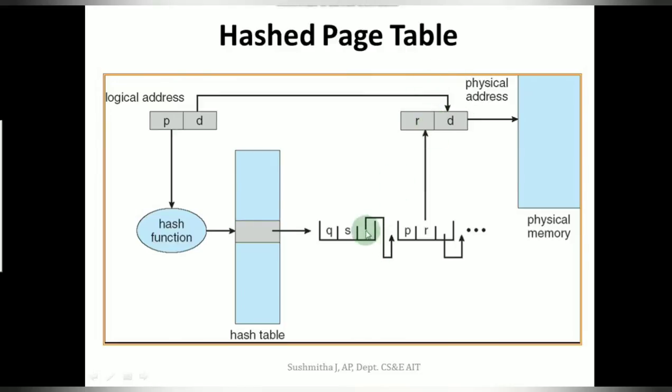If there is no match, it will go searching through the other entries in the linked list. So this is how the hashed page table works. As I said, it simplifies the page table search and also reduces the excessive use of memory.